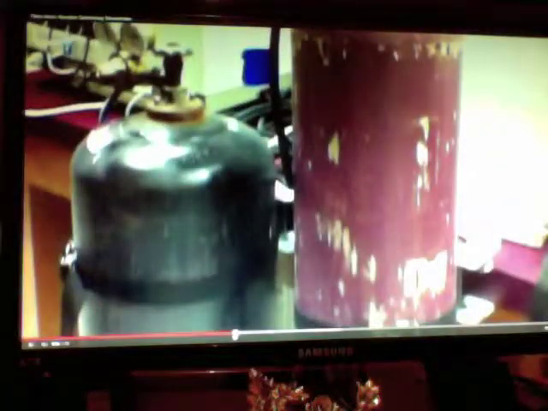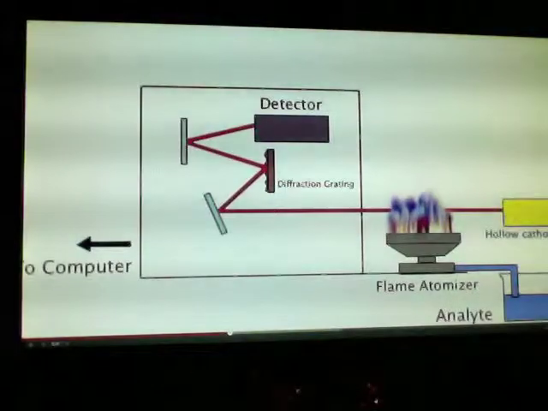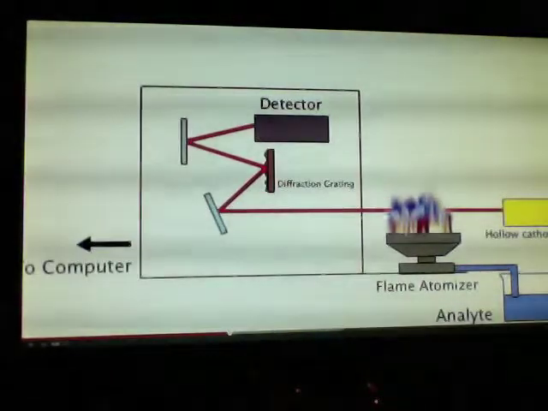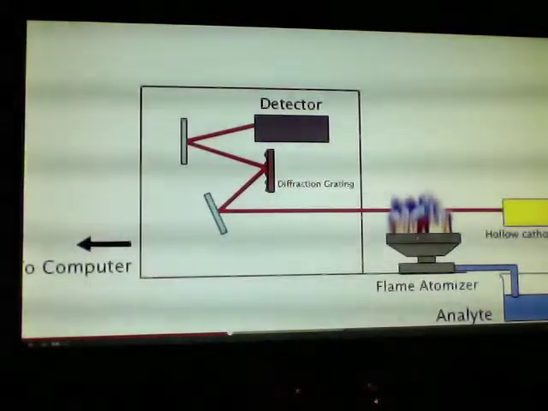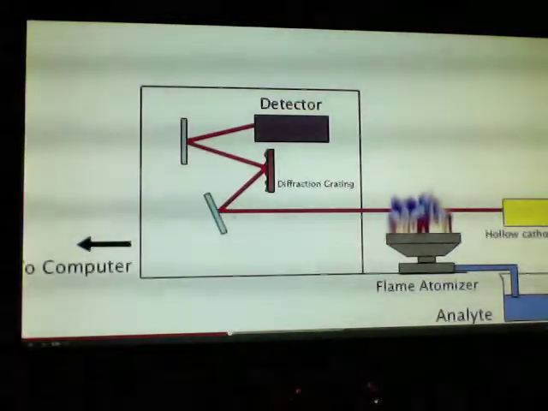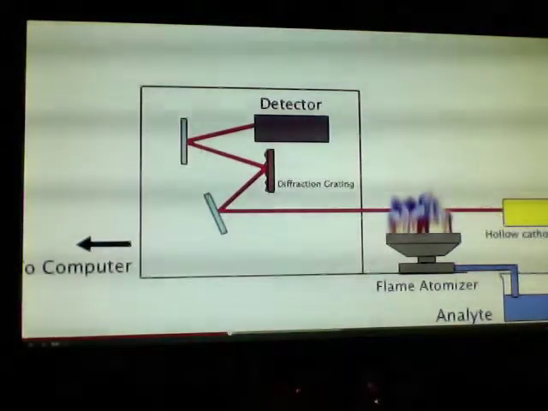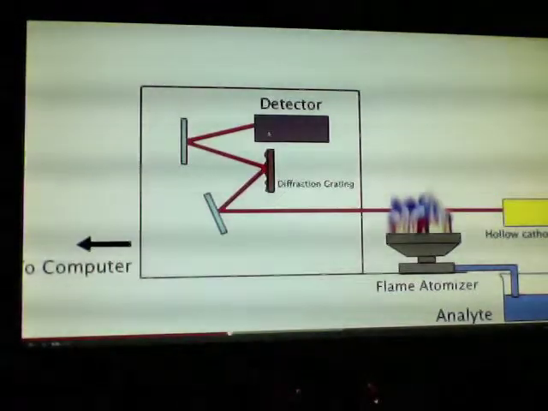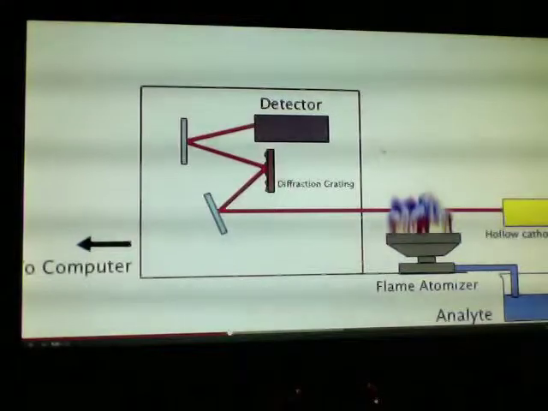So you can just imagine that a certain amount of light will come in here. Now, our sample will absorb some of that light. So the light that's left that hasn't been absorbed will be picked up by the detector.